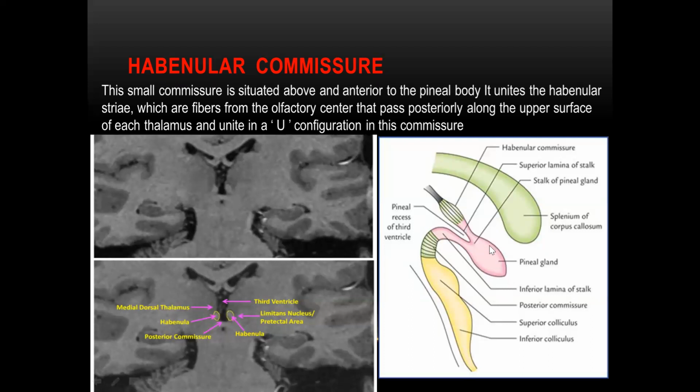This is a small commissure, as we said, situated anterior and superior to the pineal gland, that passes posteriorly along the upper surface of each thalamus and unites in a U configuration in this commissure.